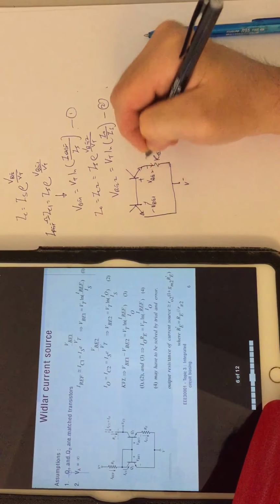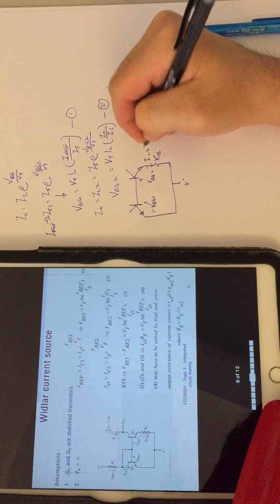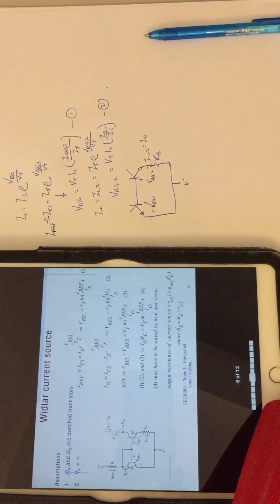So that is the current IC2, and it is equal to the output current.